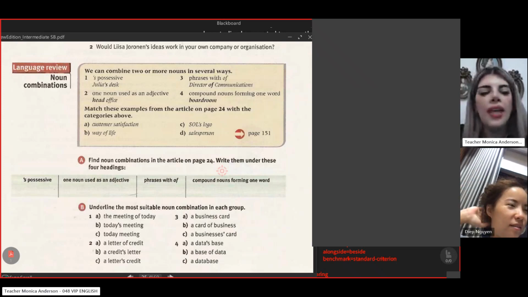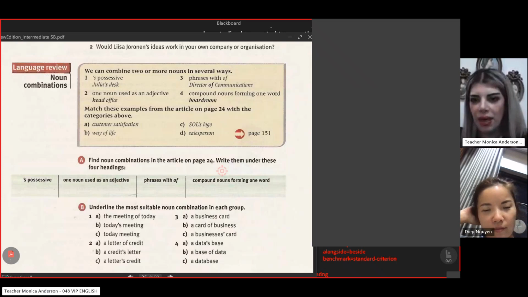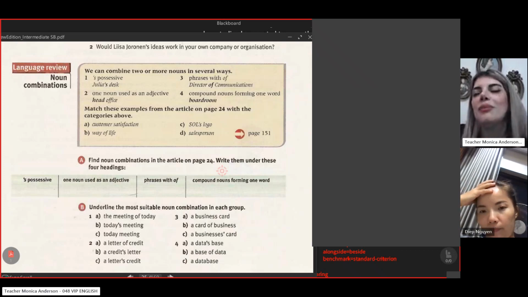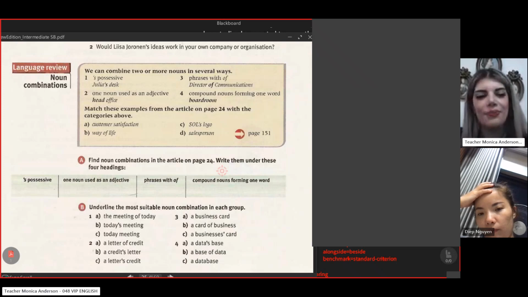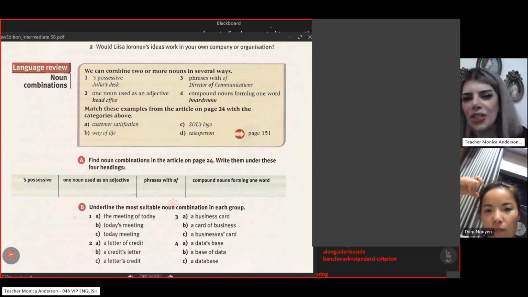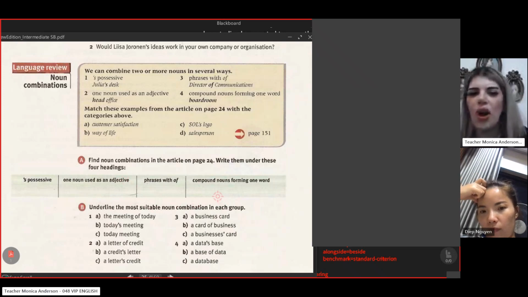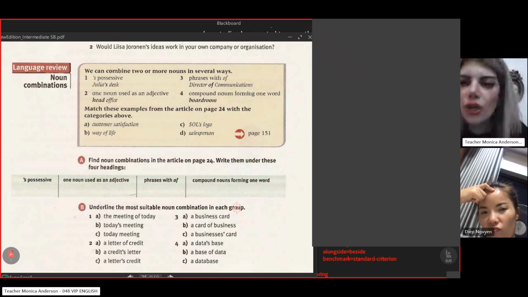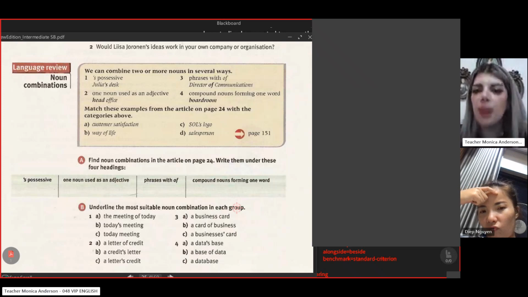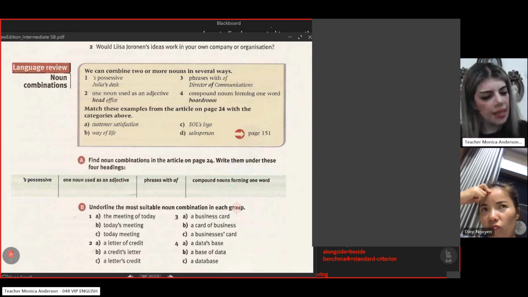Okay, so let me say something about this. Maybe it can make it clearer. About all this, for example, apostrophe s, one noun used as an adjective, phrases with of, compound nouns forming one word. Actually, we are talking about something that is possession. What does this mean?